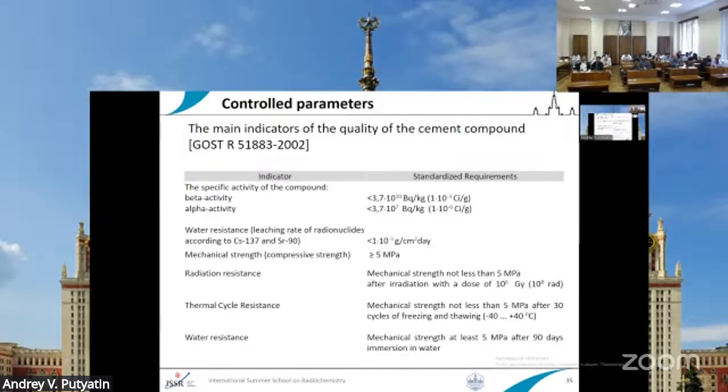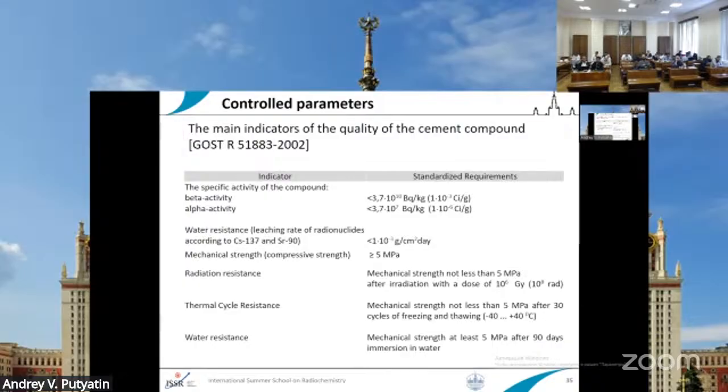It is the thermal cycle resistance, because in the repository we have hot and cold periods, seasons, according to our weather. So it should withstand at least 30 cycles, like 30 years of freezing and thawing. And it should have the same or enough mechanical strength, and also water resistance.